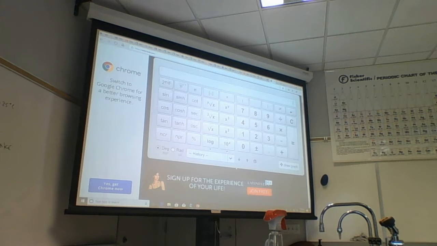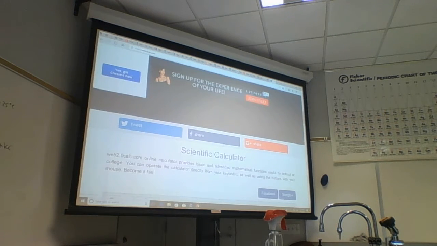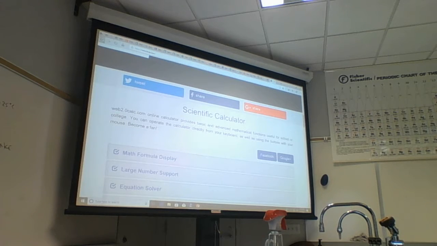It just depends on how you key it and the number of keystrokes that you have to do. This is using too many keystrokes because you'd have to do times and then this 10 to the x and then enter it, whereas the EE already does the times 10 to the x. This scientific calculator I don't particularly like.